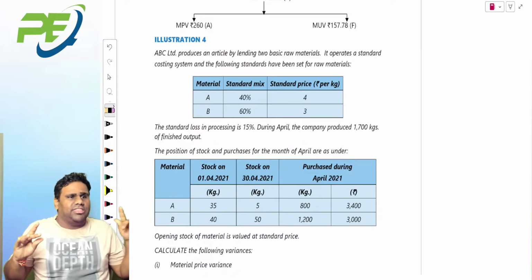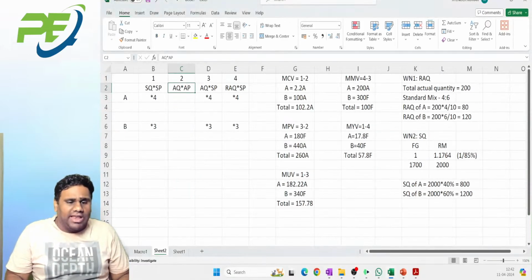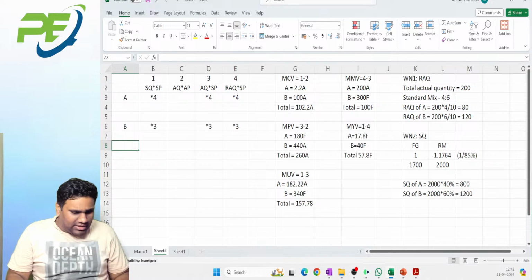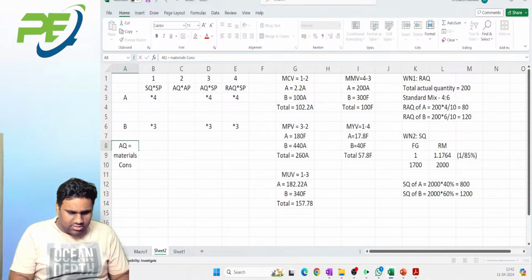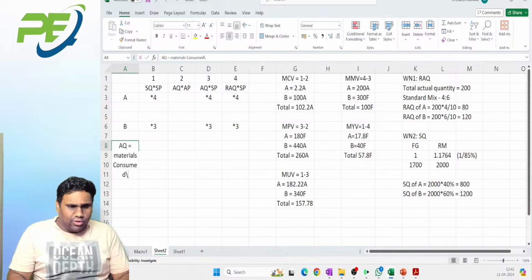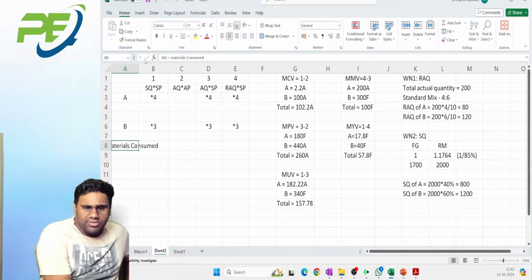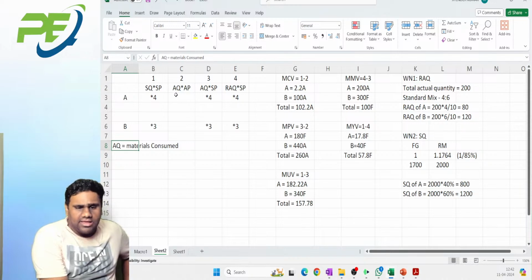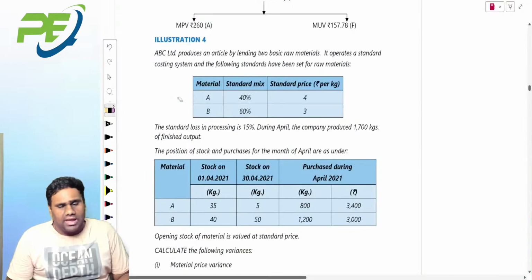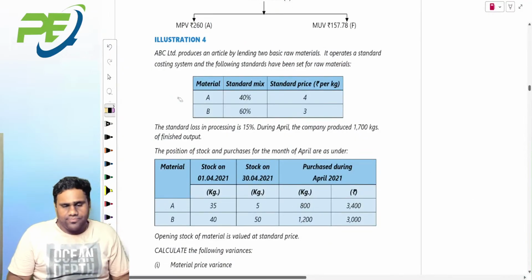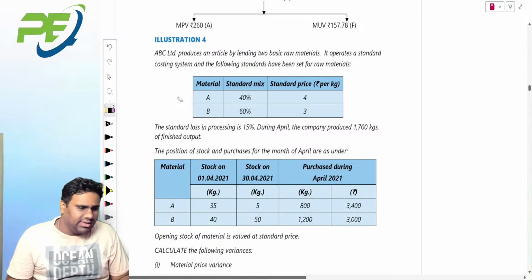Opening plus purchase minus closing. Whenever we write AQ, AQ means materials consumed. So opening plus purchases minus closing for A. 830, okay?